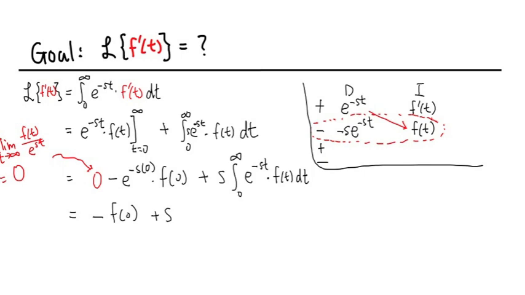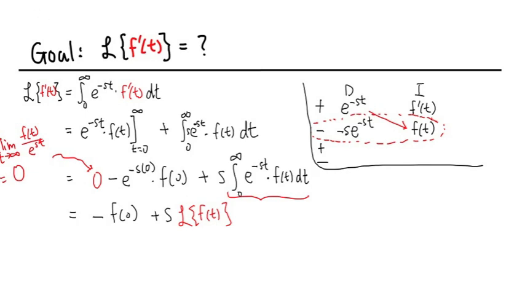Okay, so notice that the s is just the s. But if you pay attention to what the integral is right here, this integral is exactly the Laplace transform of its original function.